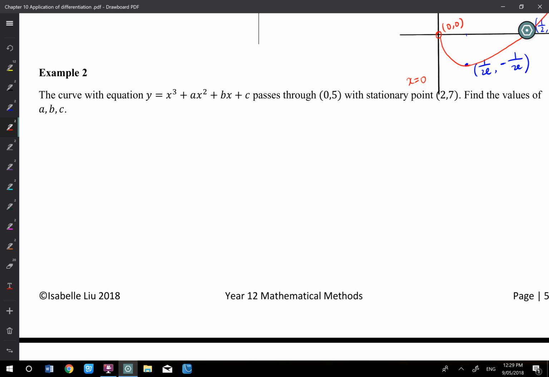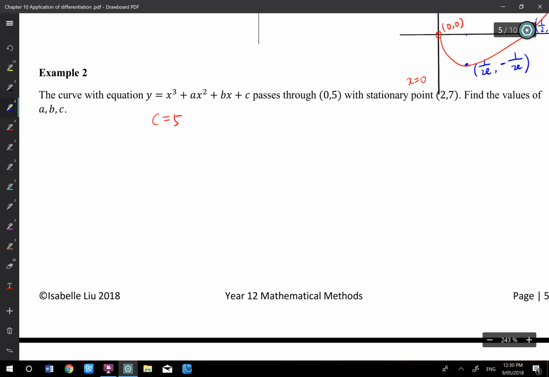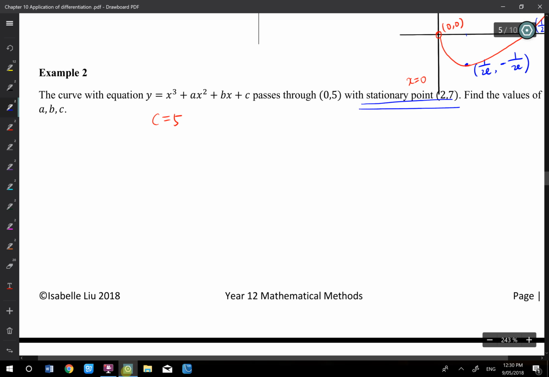The curve with equation y equals x cubed plus 2ax squared plus bx plus c passes through the point 0, 5. Well, it's a polynomial, so you know c is 5. That's something really direct. Now, when you see stationary points and they give you the coordinates, there are two things you can get from that.